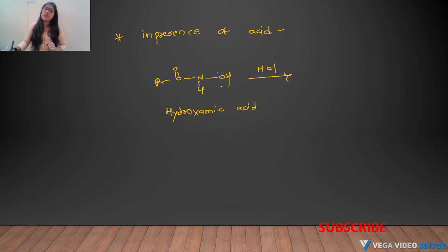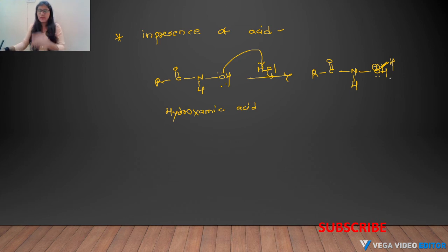Here this lone pair of oxygen attacks this hydrogen, and Cl departs, and we get here CO, NH, here OH, here charge on oxygen is positive because lone pair is donated during the bond formation between O and H, and we get this intermediate.